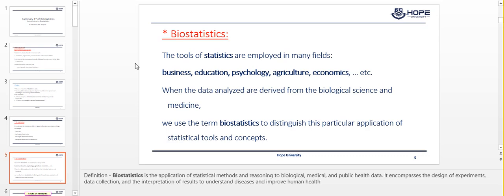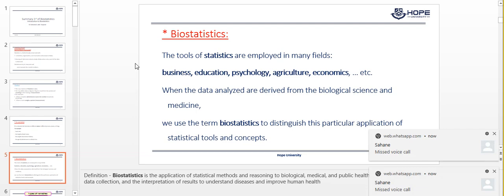In biostatistics, we could divide it. Biostatistics is the application of statistical methods and reasoning to biological, medical, and public health issues.